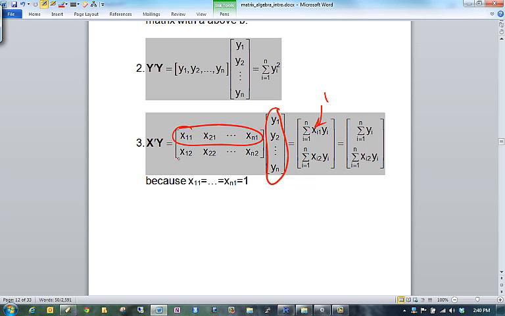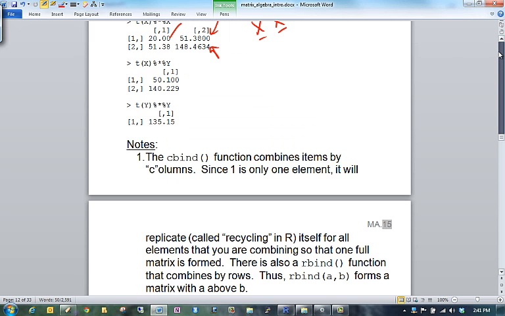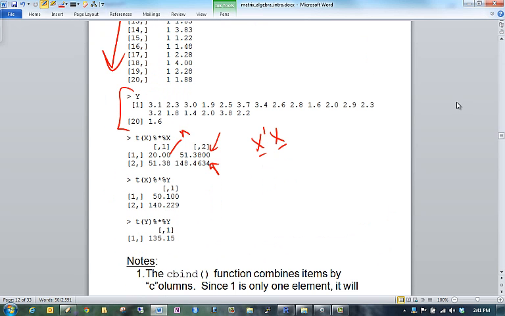I can also do the same thing with the second row, with my column of Y's, and I get the sum of my high school GPAs times their corresponding college GPAs. Notice what happens with Y prime times Y. I get the sum of the Y's squared. And there you go.